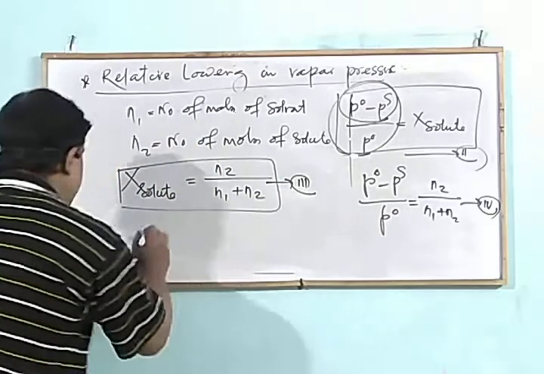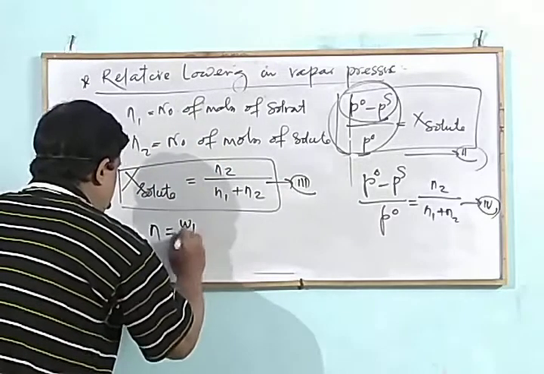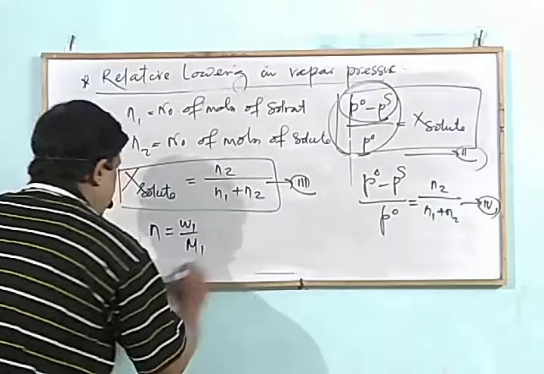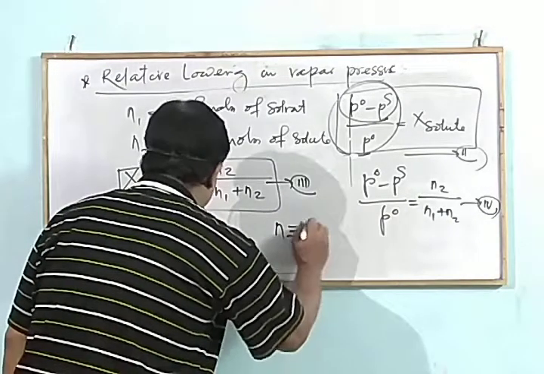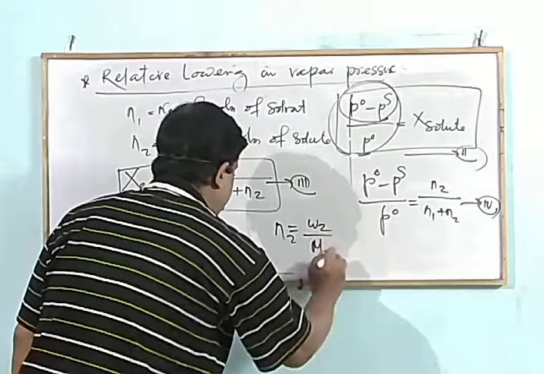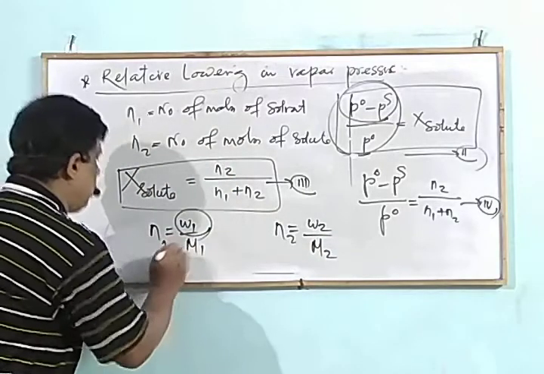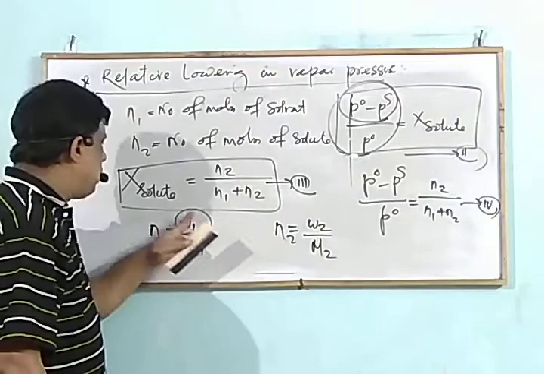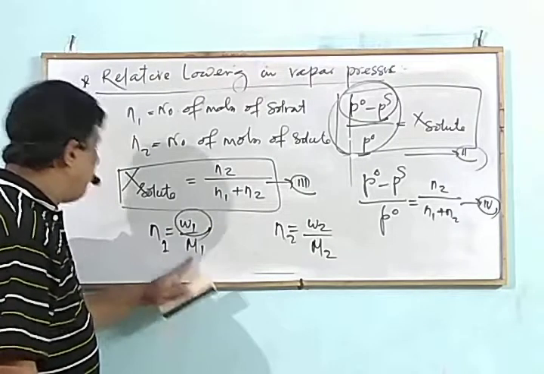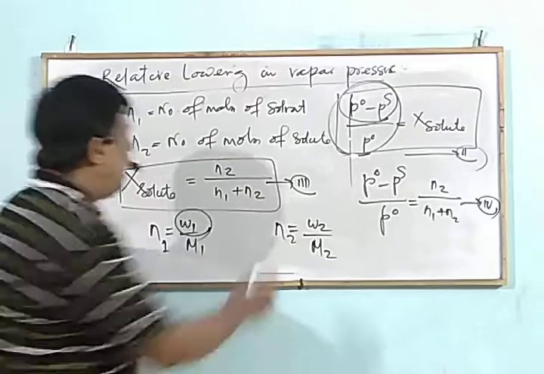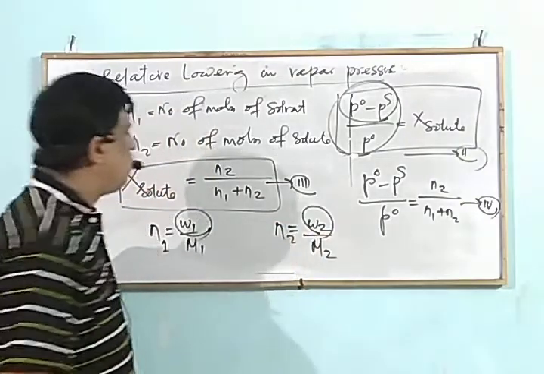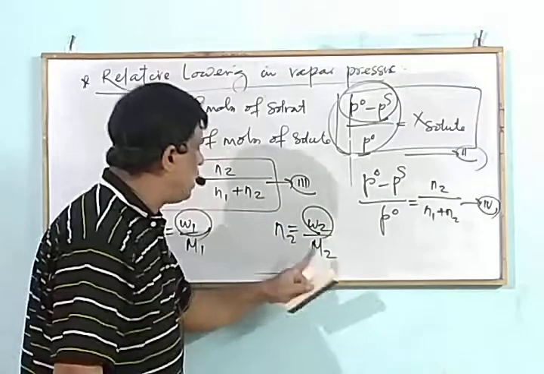Again, we know N1 is equal to W1 by M1 and N2 is equal to W2 by M2, where W1 is known as weight of solvent having molecular mass M1, and W2 is known as weight of solute having molecular mass M2.